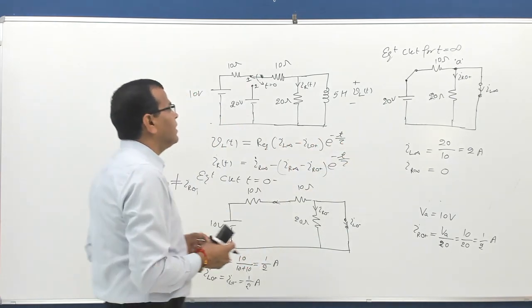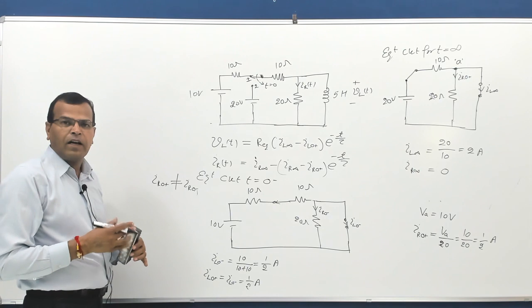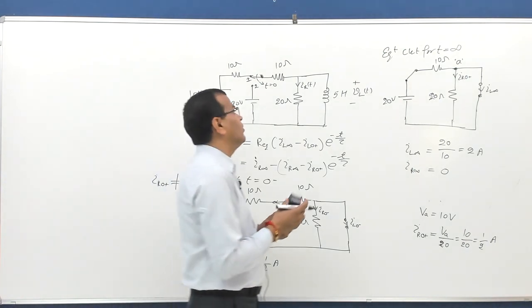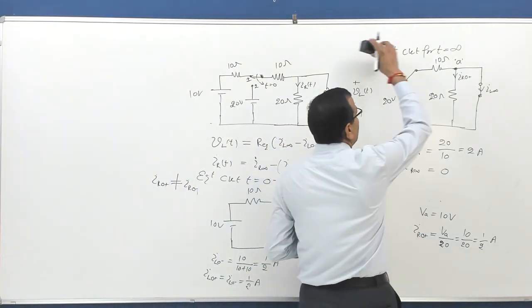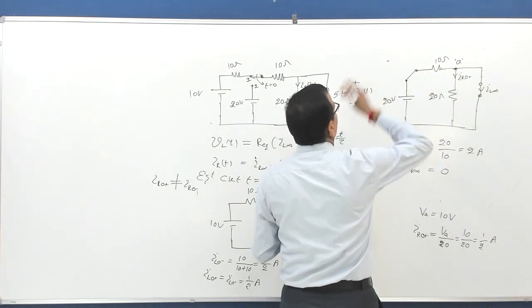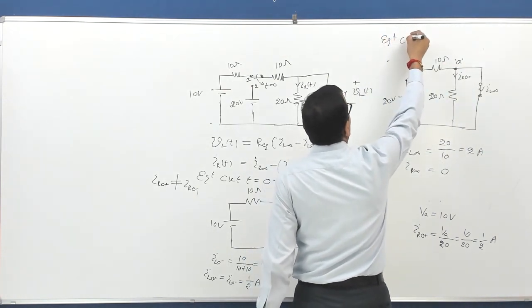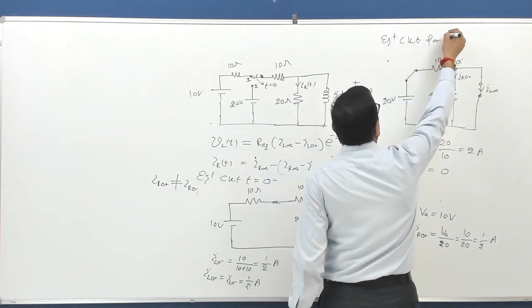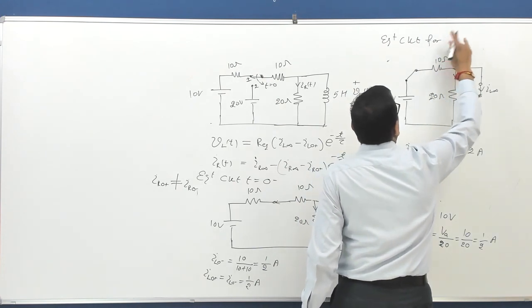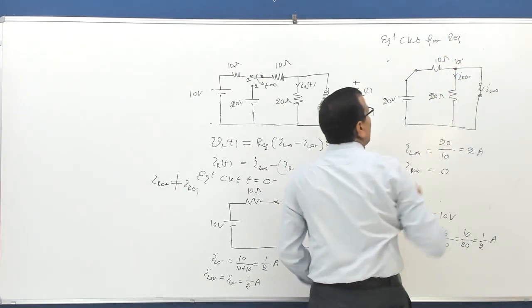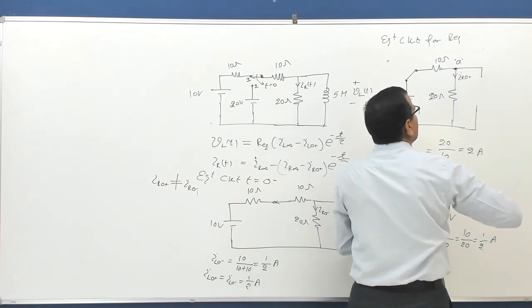So to find the Thevenin equivalent resistance across the inductor terminal, I told you the procedure. What is the procedure? I will draw the equivalent circuit here itself for R equivalent. So for R equivalent, open the terminals.